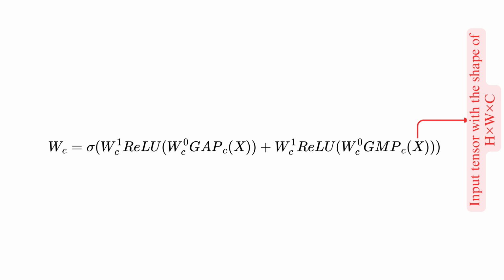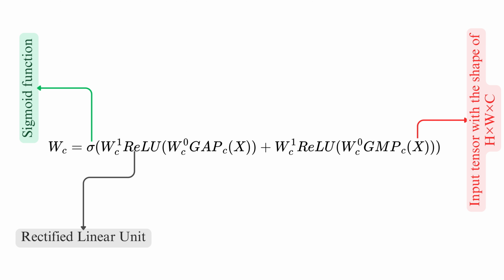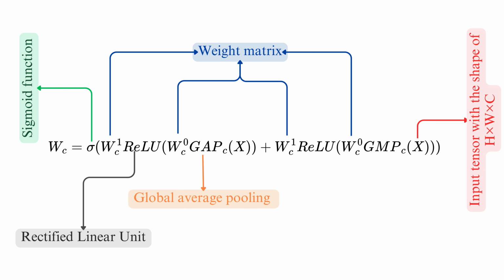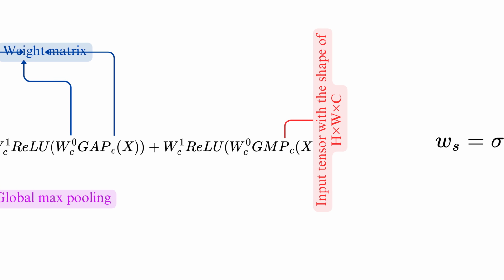The channel attention weight in CBAM can be described by this equation, where WC represents the channel attention weight, sigma is the sigmoid activation function, ReLU is an activation function, and W1C and W0C are weight matrices. GAPC and GMPC denote the global average pooling function and global max pooling function of the channel, respectively.